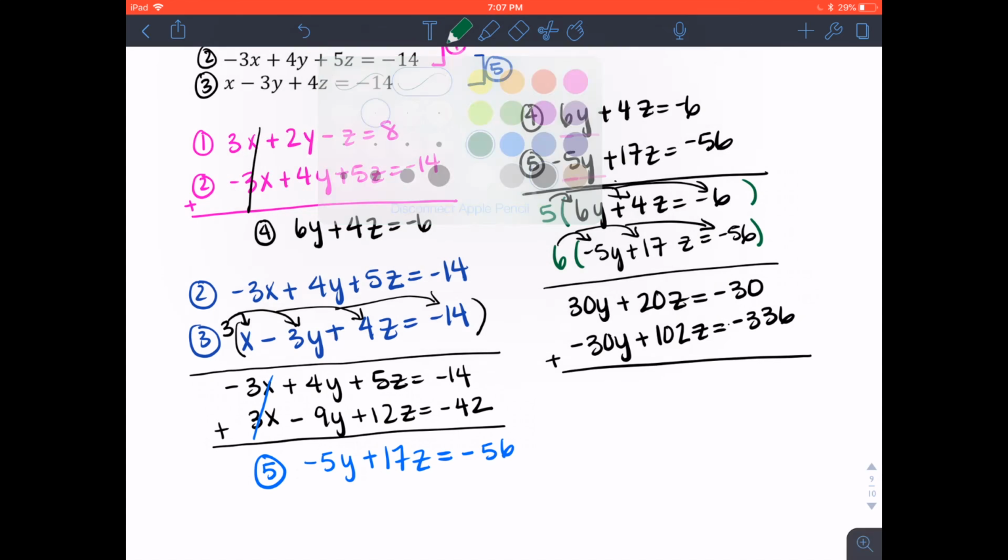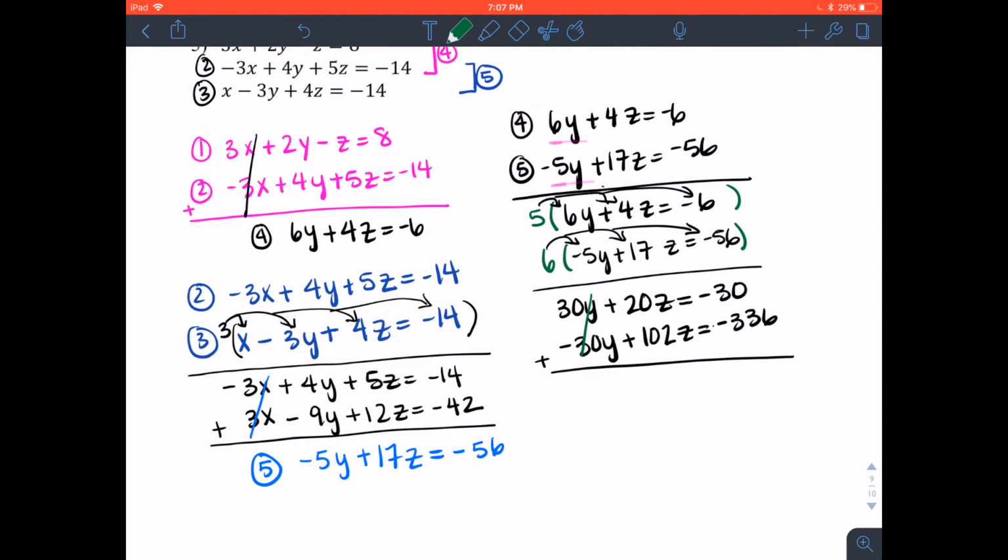So in this case, my y's cancel. 20 plus 102z is 122z. Equals negative 30 plus negative 336 is negative 366.